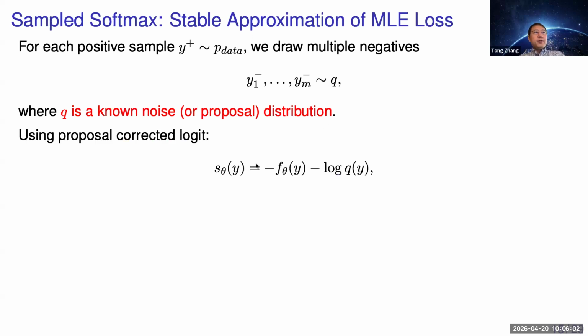So basically you define this term with an exponential, and this is divided by Q. So then essentially it's the current model divided by the sampling distribution, and this is called importance weighting.